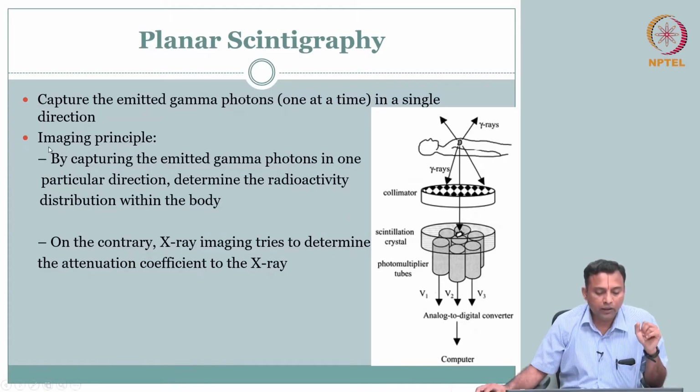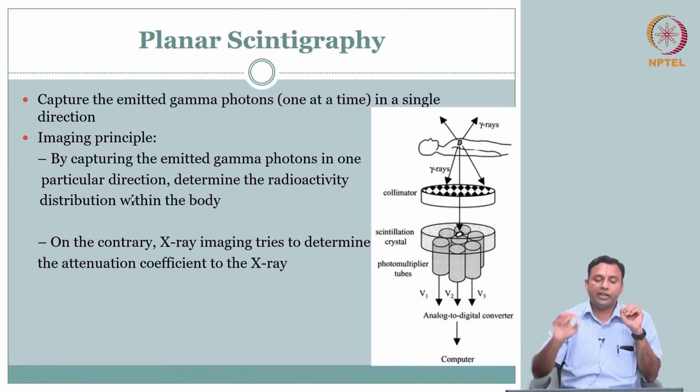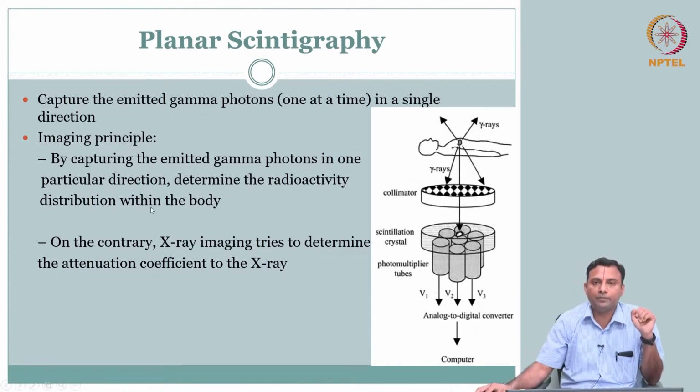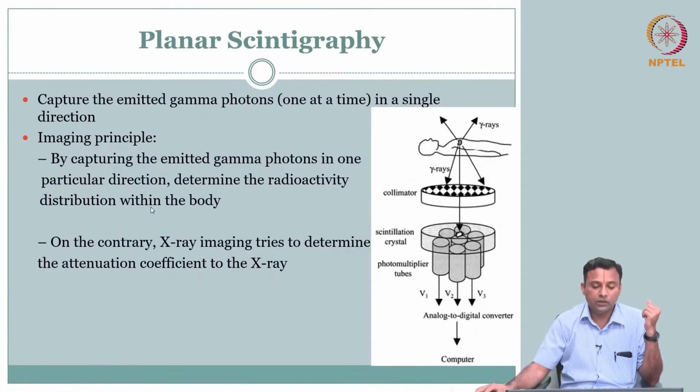So the imaging principle: you capture the emitted gamma photons in a particular direction. After you capture that, you want to say where that radioactivity is coming from within the body. What is the distribution of radioactivity in the body? Okay. So again, first principle, just to reiterate, even though we will draw similarities, don't forget that in X-ray we were trying to go after this attenuation coefficient mu hat.